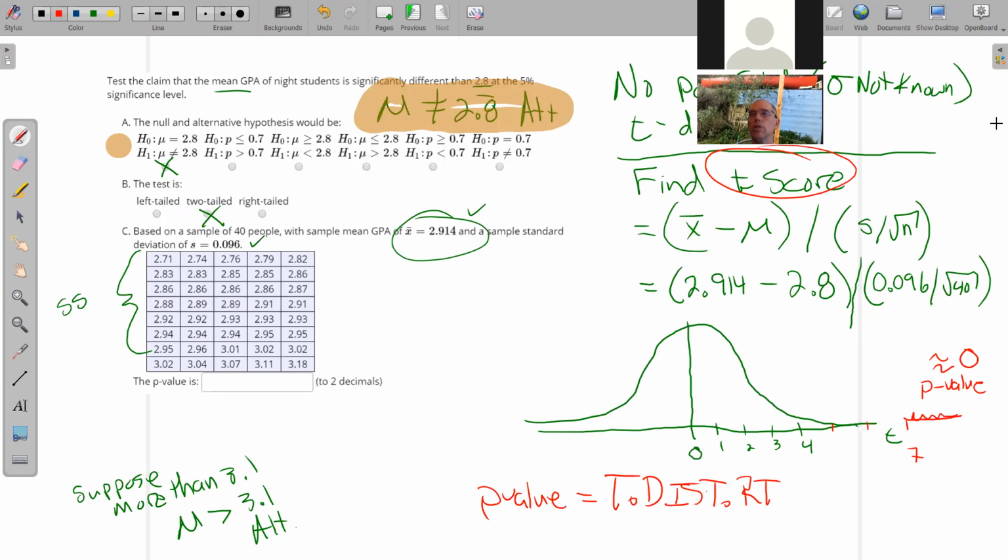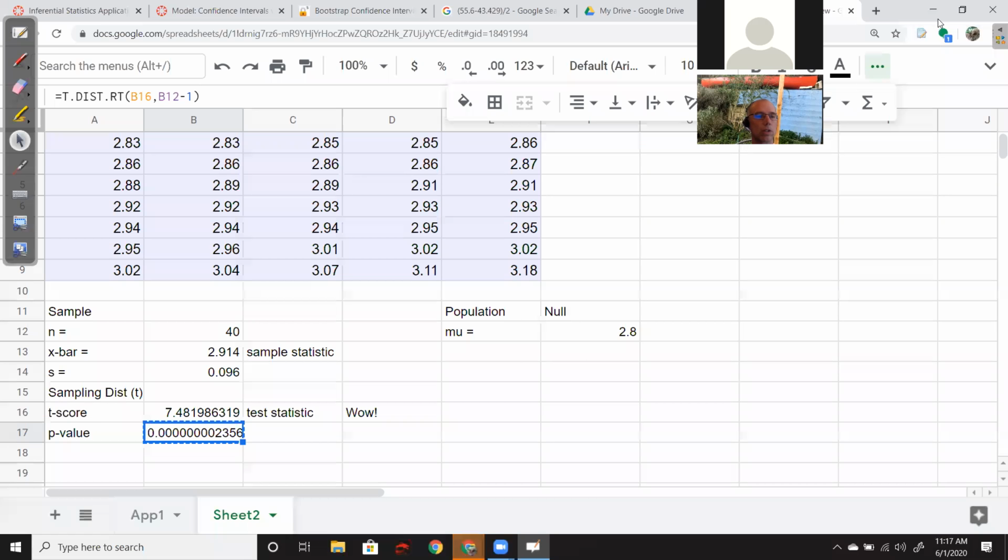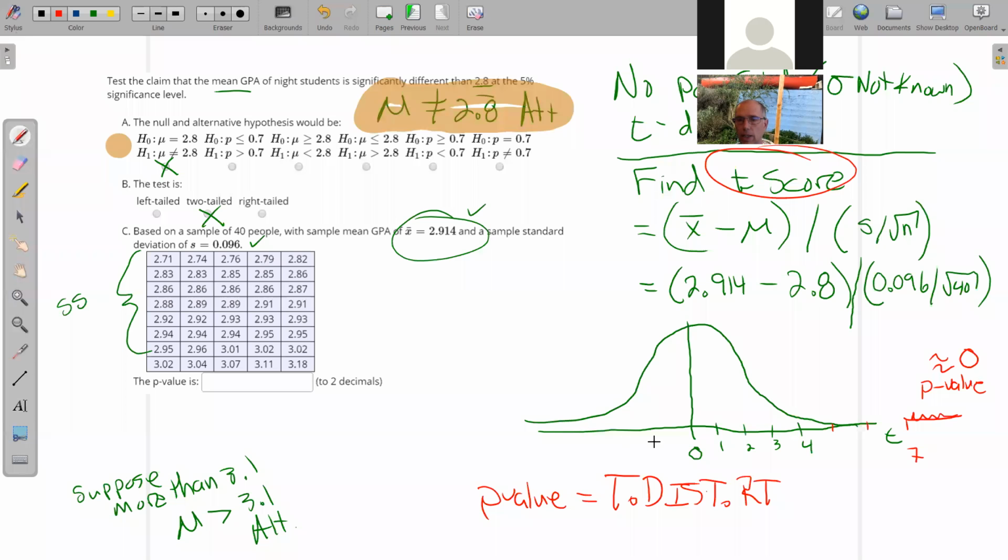Is that true? Yep. And it wants to know what is your t-score, which is this calculation there, comma, what's n minus 1. And mine was, can I paste it in here? Yes, this wicked small number there.